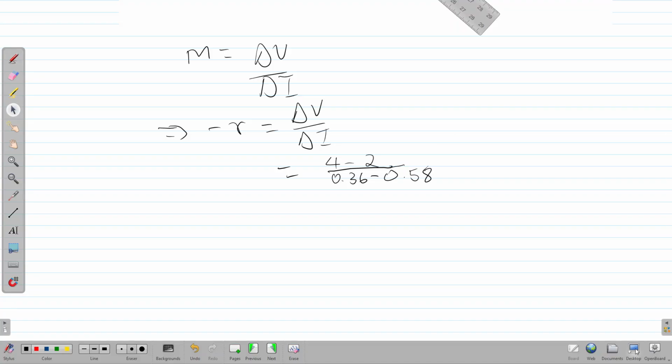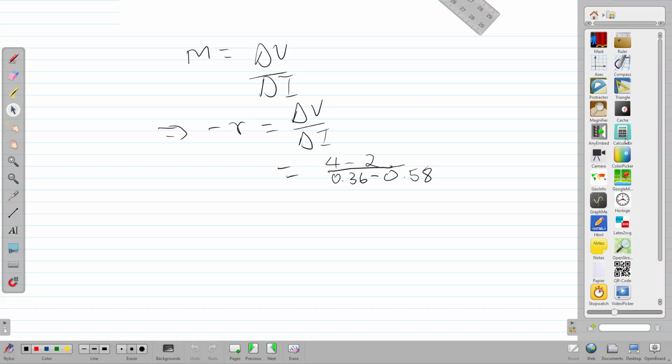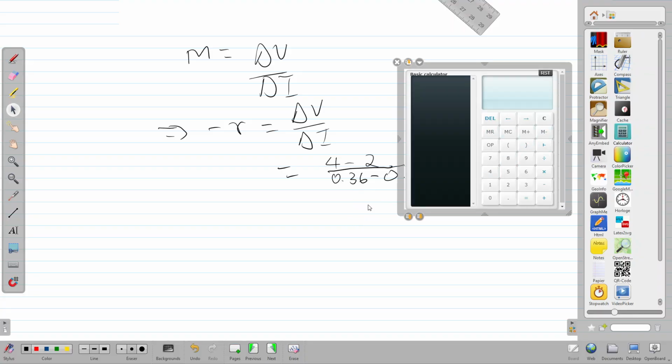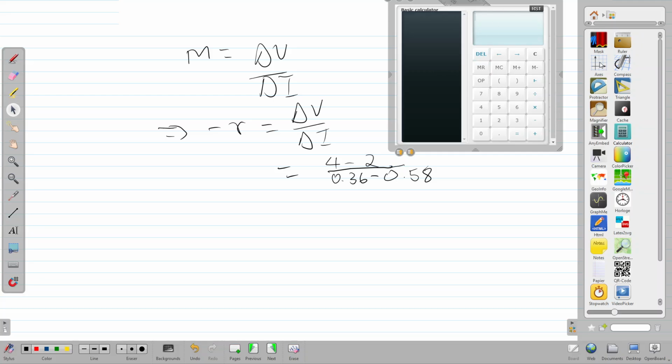Let me do this here and insert this calculation. That's 4 minus 2, then I close the bracket and divide by 0.36 minus 0.58, and then we'll get one answer there.